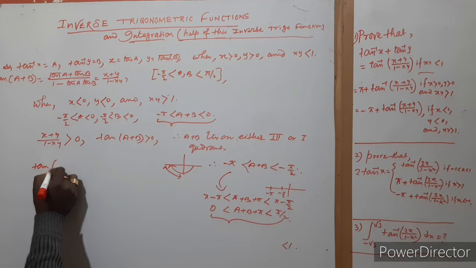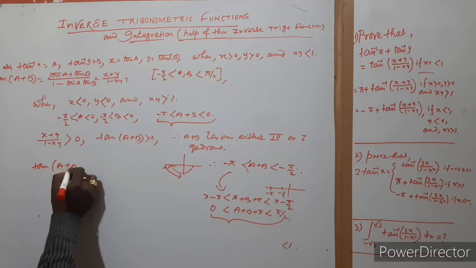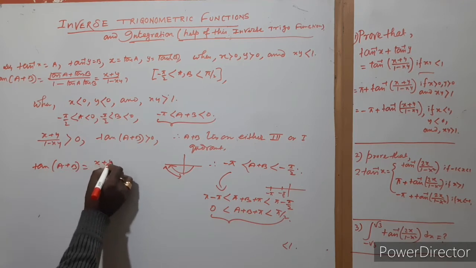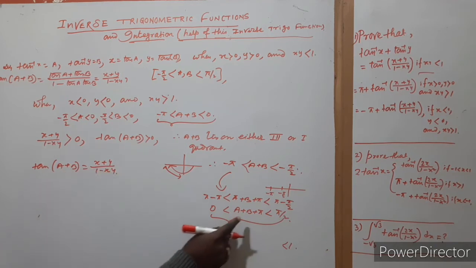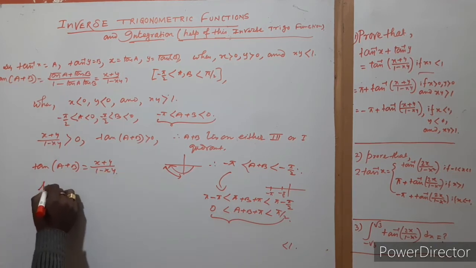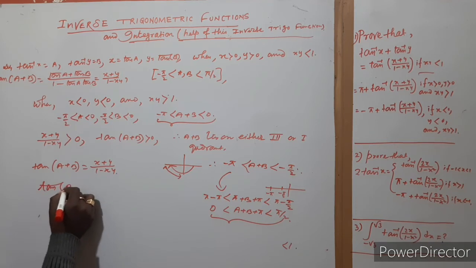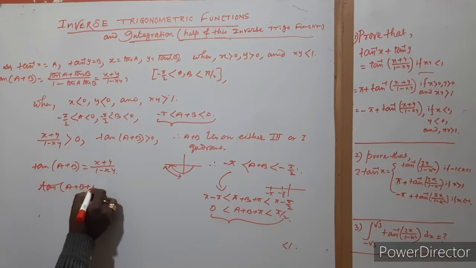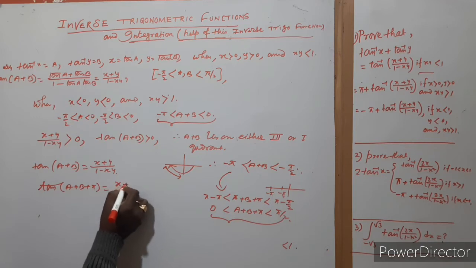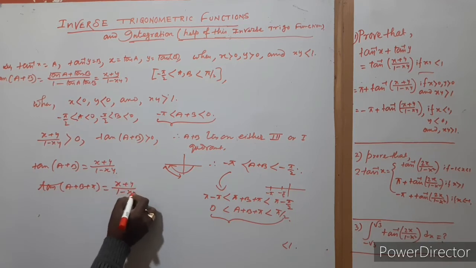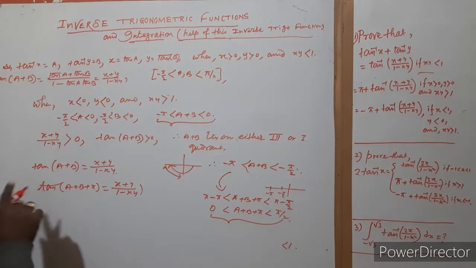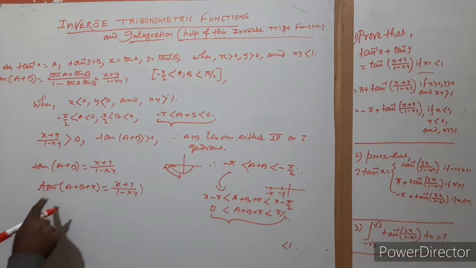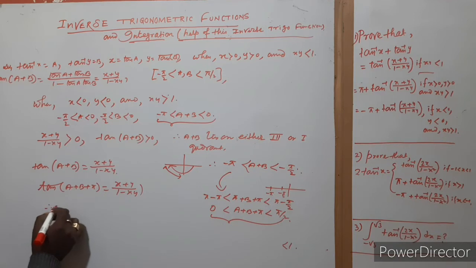Now I can write the basic form, that is (x plus y) by (1 minus xy), on this interval. Now tan of (a plus b plus pi) is equal to (x plus y) by (1 minus xy). Taking tan inverse of that, the tan cancels, so you can write it easily.